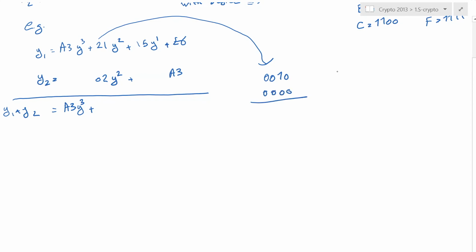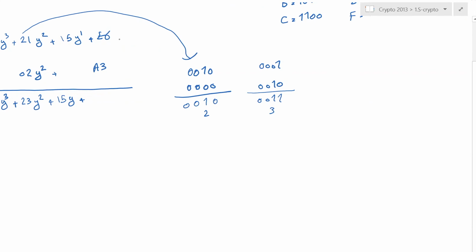The first part is 0010 plus 0000, and the second part is 0001 plus 0010. When we XOR them, we get 0100 and 0011, so the representation of 2 and the representation of 3. So we get 23 y^2, plus this one is 0, so we get 15 y itself, plus.